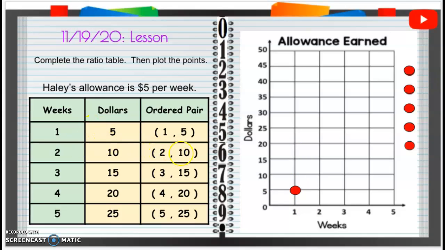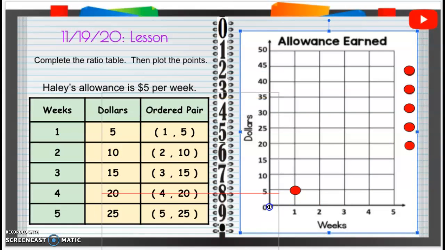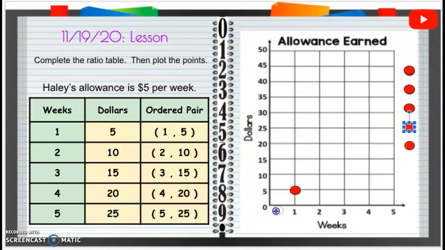All right, 2. You go over 2, up 10. So we're going to go this 2 weeks. 1 week, 2 weeks. And we're going to go up to $10. So do you see how this 2 weeks here and then $10 here, those line up?